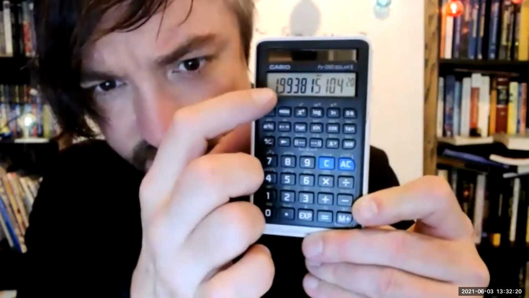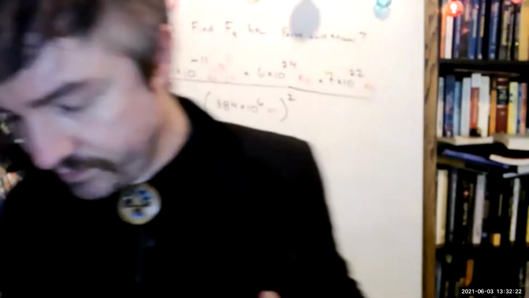We have to square the distance here, so I hit the square key and then equals. The final result is 2 times 10 to the 20th.